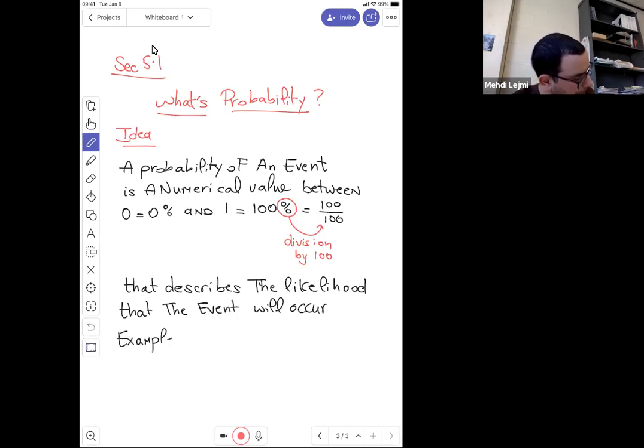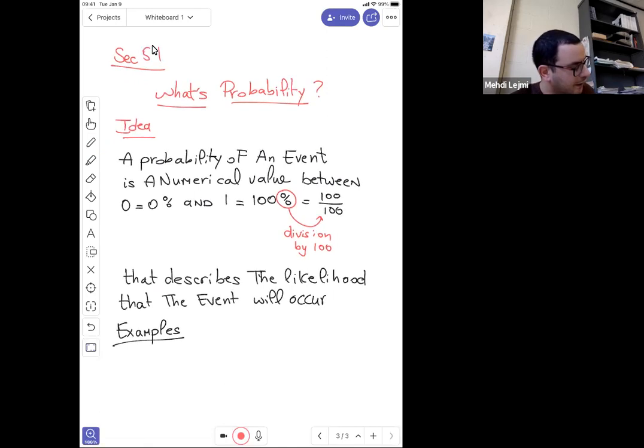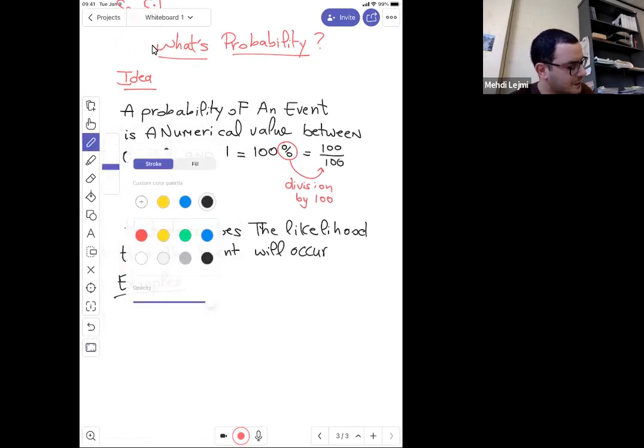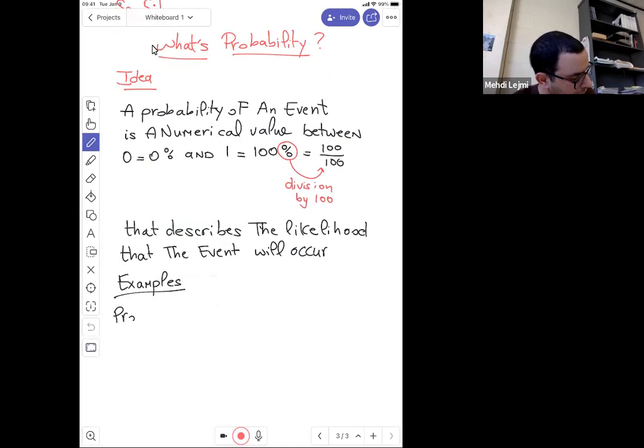So when we say the probability of an event A is equal to, let's say, 100%, right? As I said, 100% means 100 over 100, and that's equal to 1. So if the probability of your event is 100%, it means that you're certain that the event will occur.